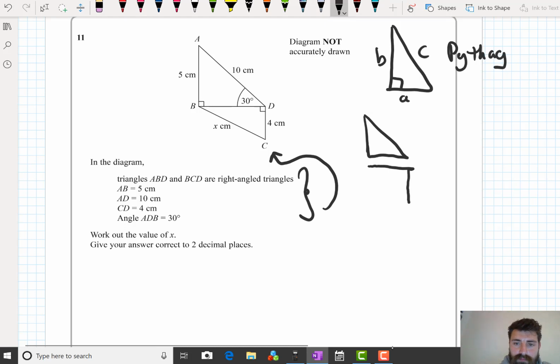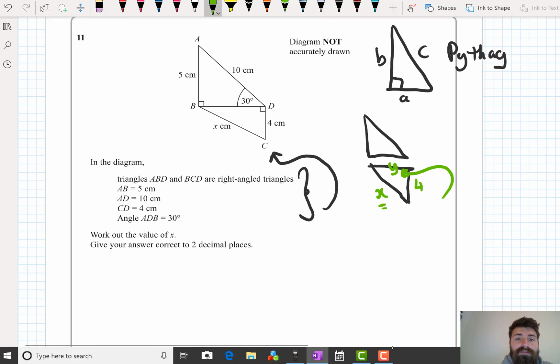If we could work out this length, we won't call it x because the other one's called x, that's just a little bit confusing. Let's call it y because it's close to x in the alphabet. If we could work out this one, we could then use Pythagoras' Theorem to find the missing side here.